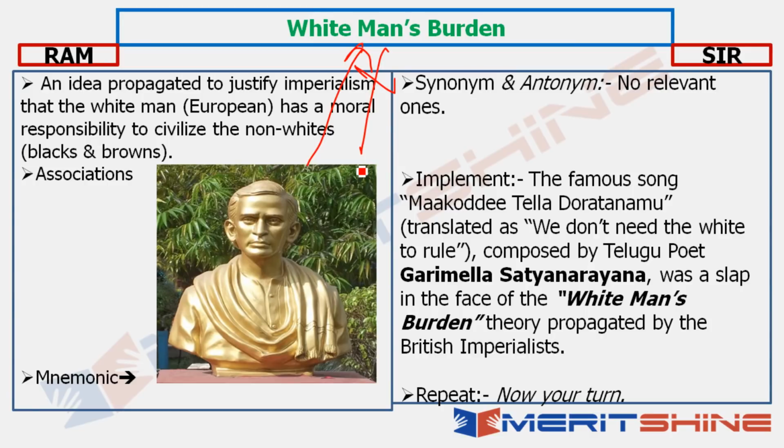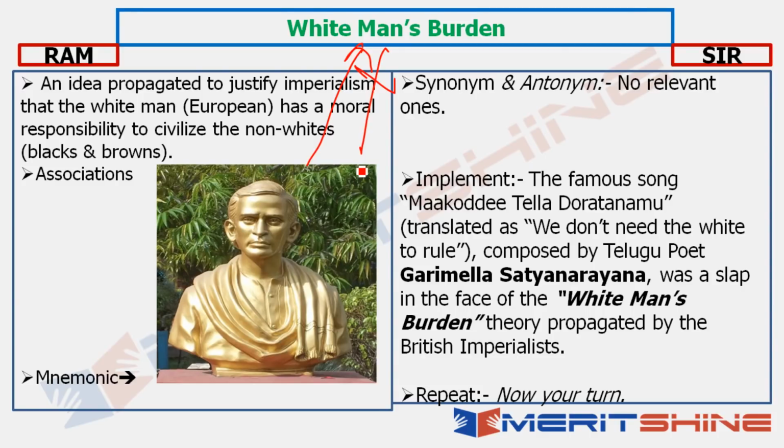But let's look at the synonym, antonym, and the implementation. No relevant ones in synonym, antonym. Implementation. The famous song Makkore Tela Doratanamu, translated as "We Don't Need the White to Rule," composed by Telugu poet Garimela Satyanarayan, was a slap in the face of the white man's burden theory propagated by the British imperialists. So the idiom white man's burden means that the Britishers had this idea that they are doing a favor by being in India, right?